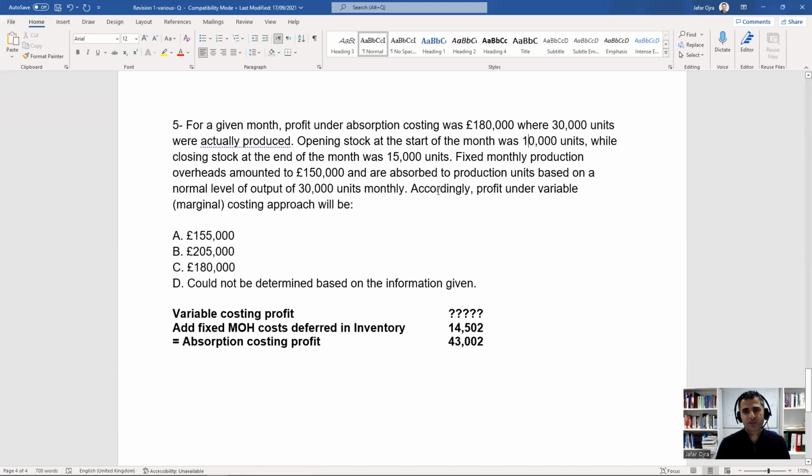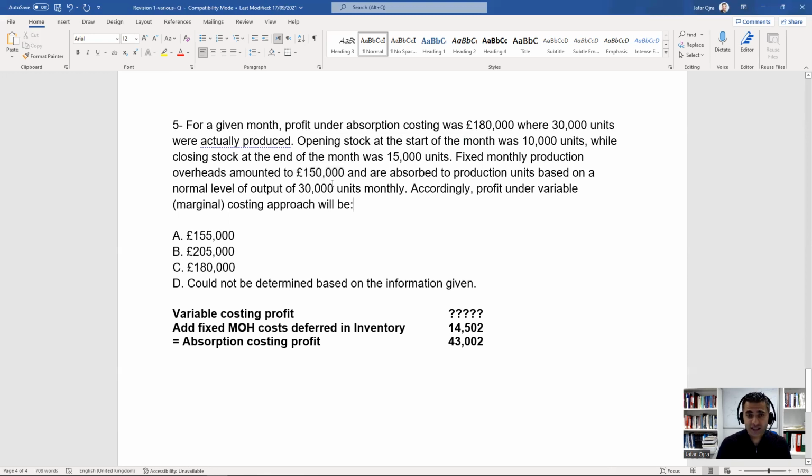Why? Because we produced 30,000. So what we need to do in this case is work out the budgeted fixed overhead per unit. That's based on 150,000 pounds.